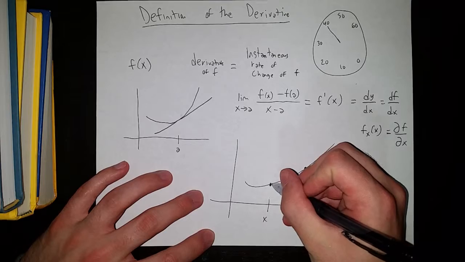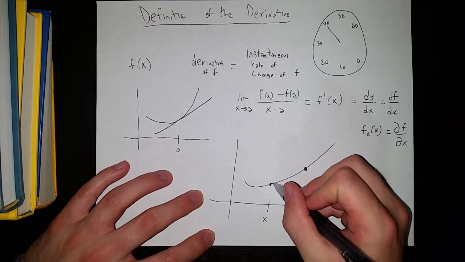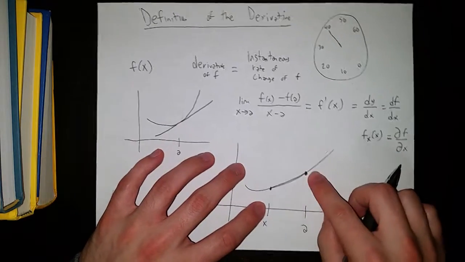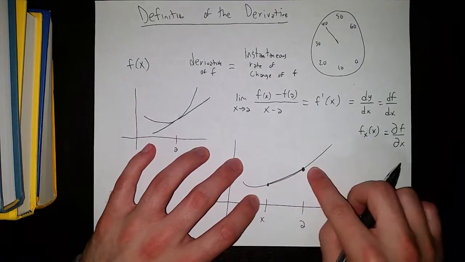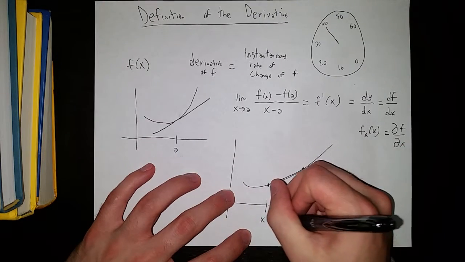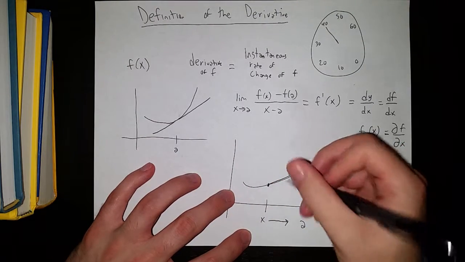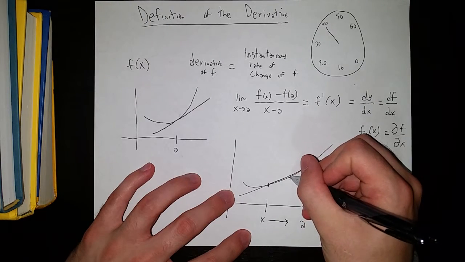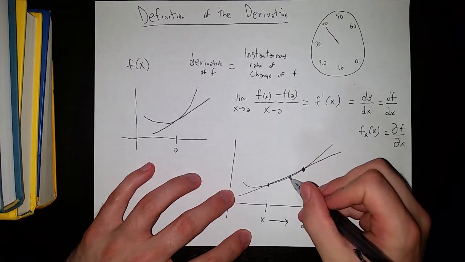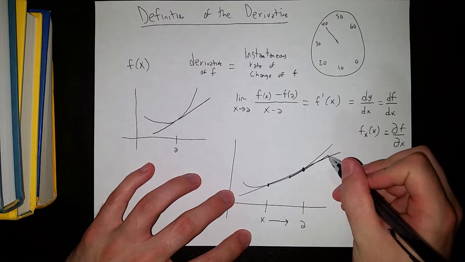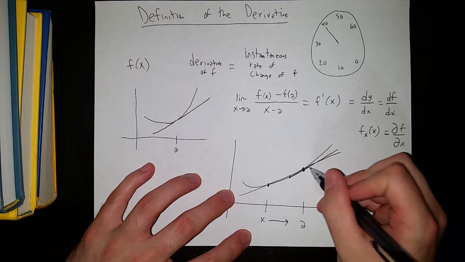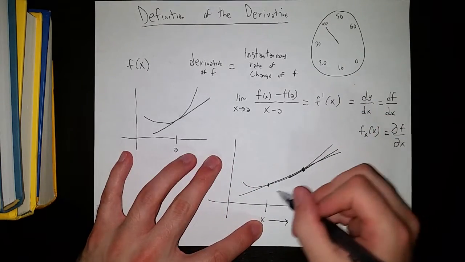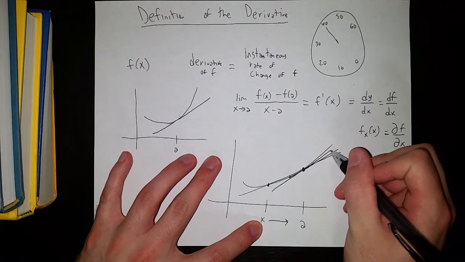And so at this point, this equation is essentially the slope of this line right here. And as x starts going this way, this line looks like this. And then as we get a little bit closer, it starts to look more and more like that. And then once we get really close to a, it starts to look like our tangent line, like that.